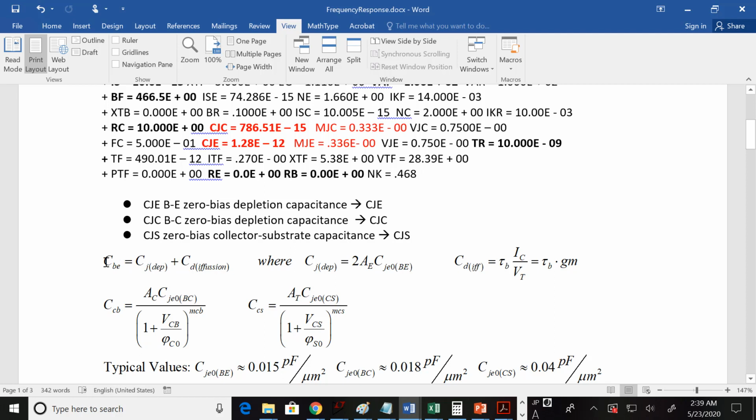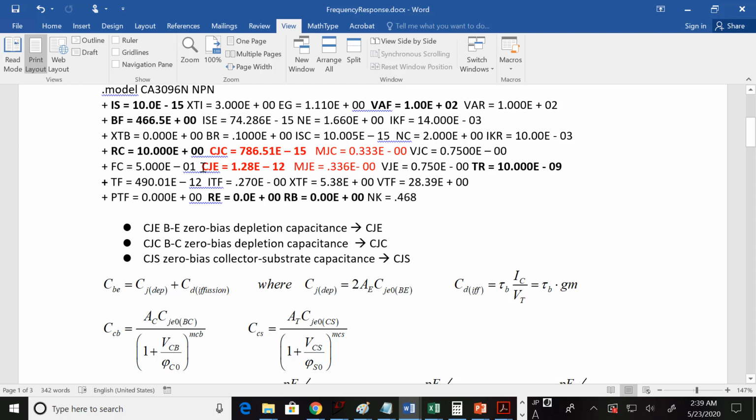One has to do with the depletion region, and the equation for that is 2 times the area of the emitter, which somebody has to give you because it's not in the model file, times the zero bias depletion capacitance of BE. And this value, just like so many of the other values we've seen, is up here in the model file. That's CJE.